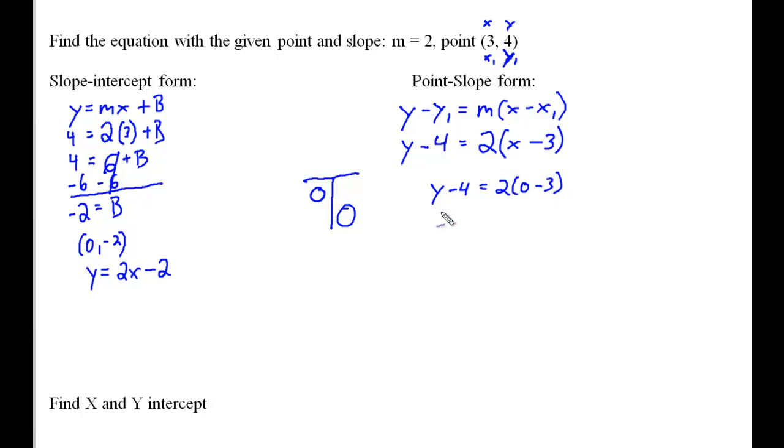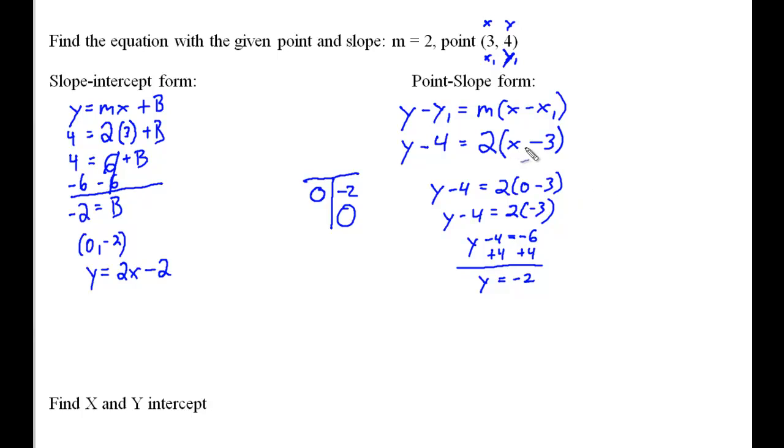If I compact that, I get y minus 4 equals 2 times negative 3. Y minus 4 equals negative 6. And if I add 4 to both sides, y is equal to negative 2. So there is my y-intercept, the same y-intercept we found over here.